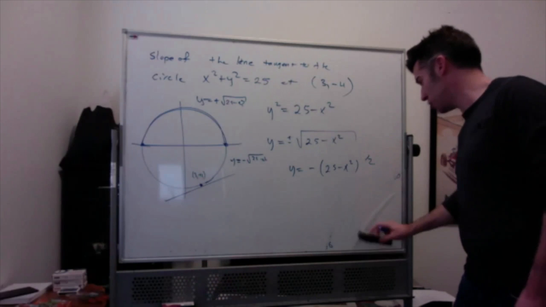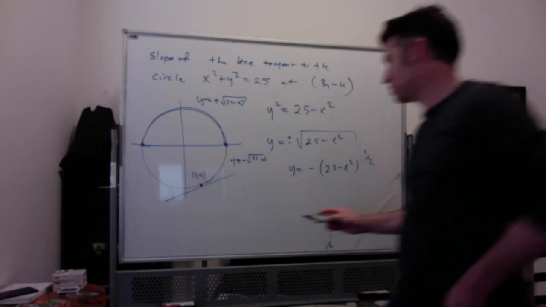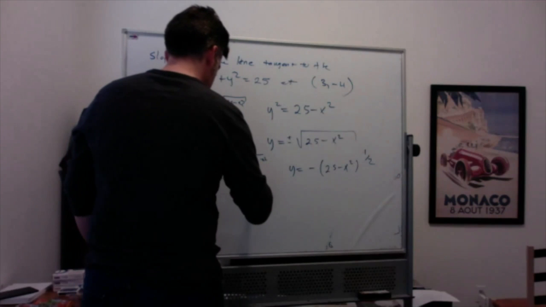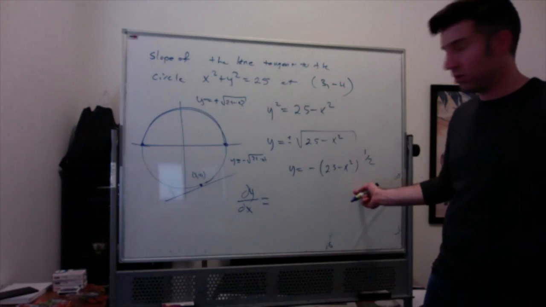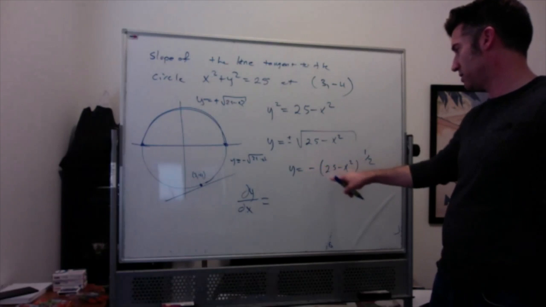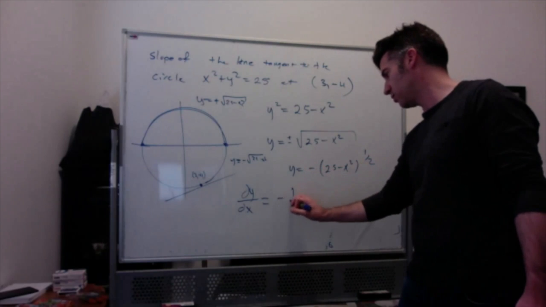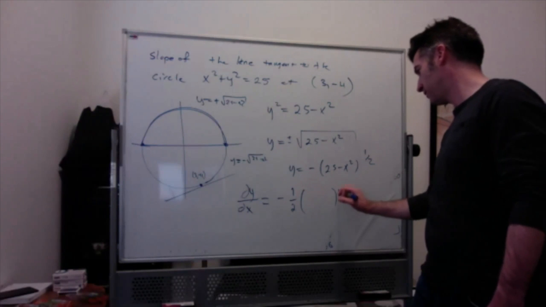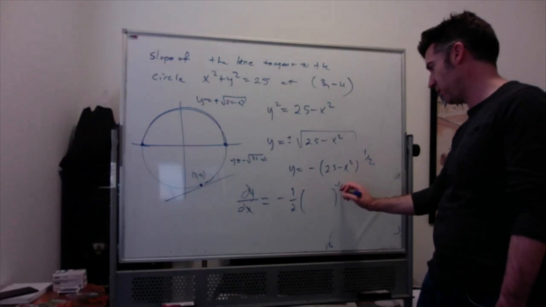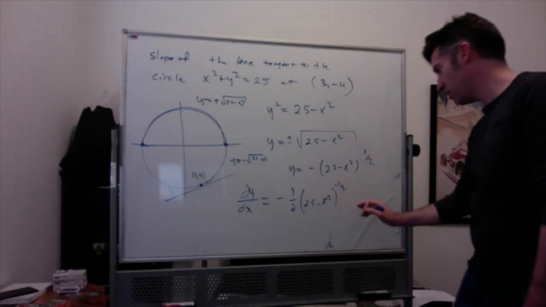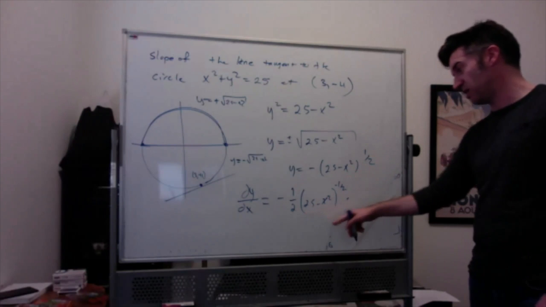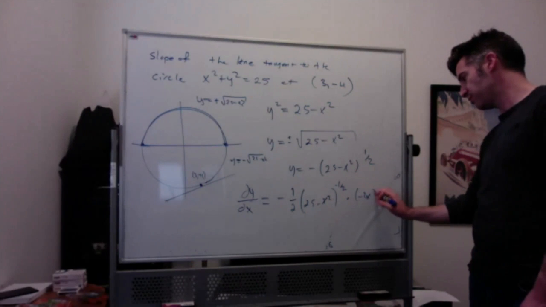And now I'm going to differentiate. So my derivative, dy dx, is equal to, okay, so I'm using the chain rule. The derivative of minus stuff to the 1/2 is minus 1/2 times my stuff to the new power, -1/2. Leave the inside stuff alone. Multiply by the derivative of the inside stuff, which is -2x.